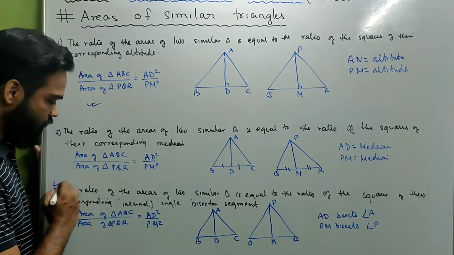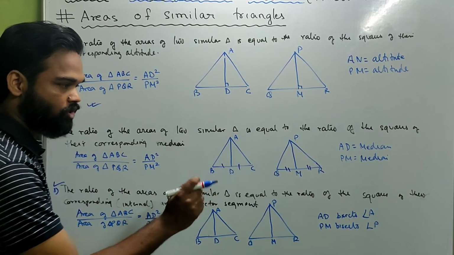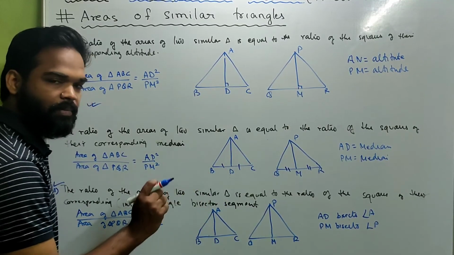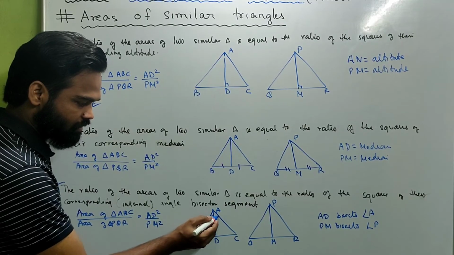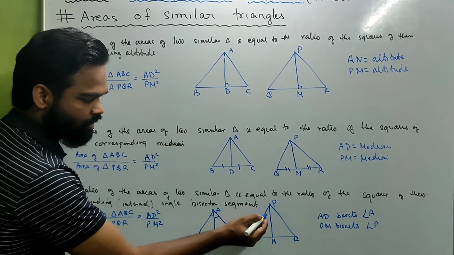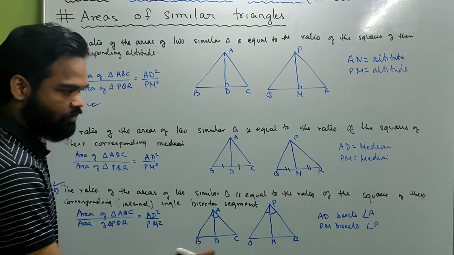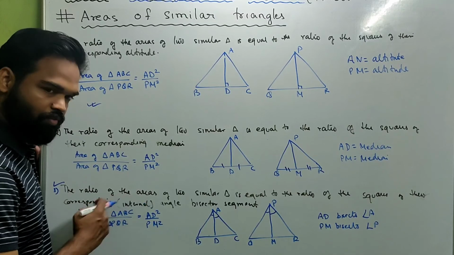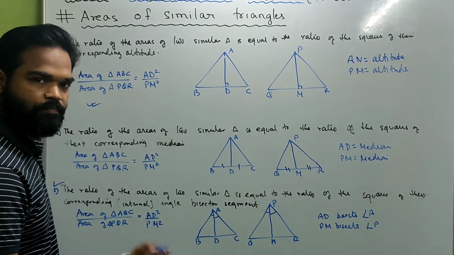And the third one: the ratio of the areas of two similar triangles is equal to the ratio of the squares of the corresponding internal angle bisector segments, which means suppose AD bisects angle A into two equal halves and PM bisects angle P into two equal halves. See, AD bisects angle A, PM bisects angle P. Then the ratio of the areas will be equal to AD square by PM square.